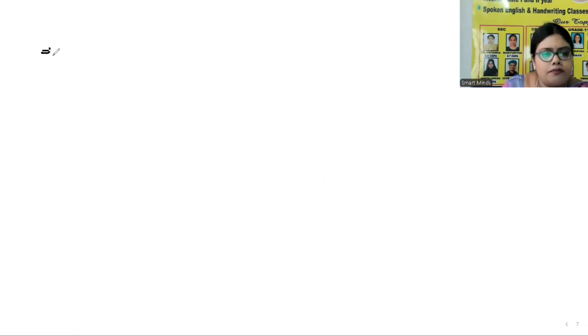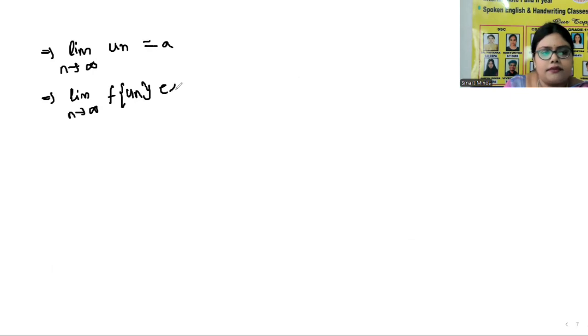Now which implies limit n tends to infinity, un is equal to a, which implies limit n tends to infinity, f of un exists.